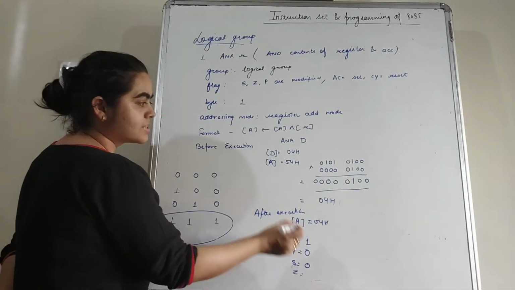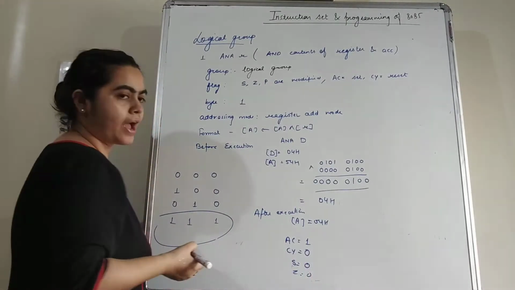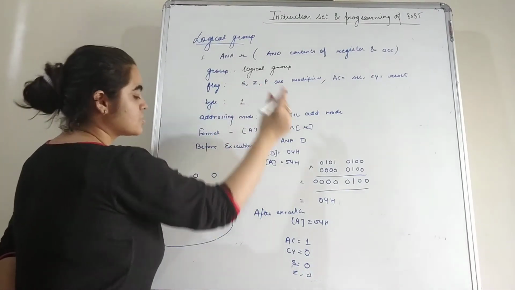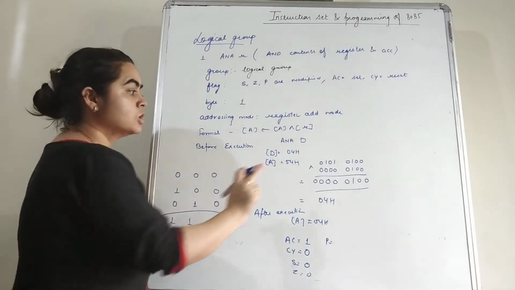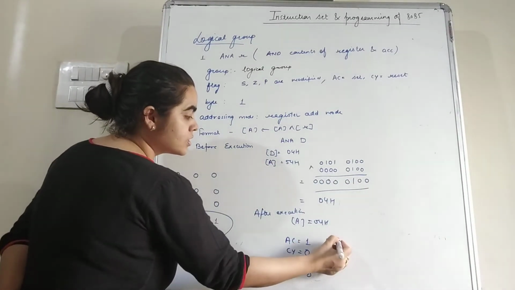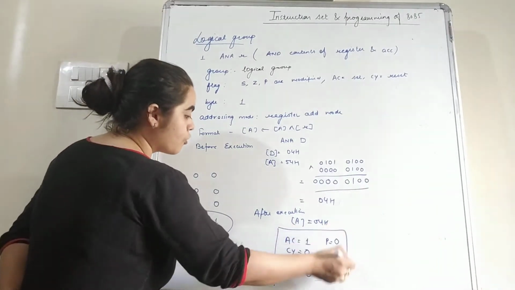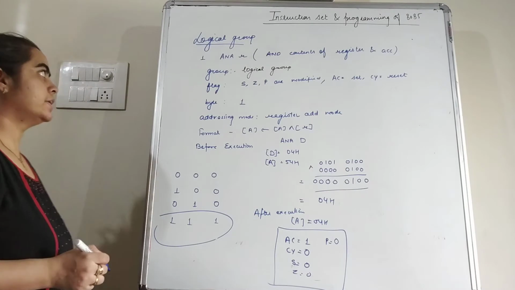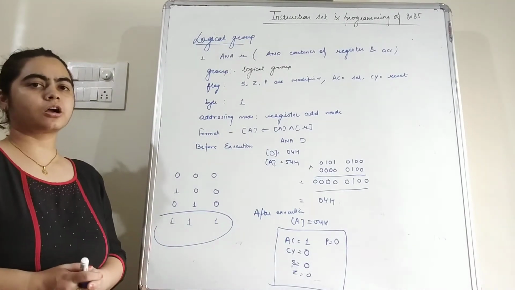The answer is non-zero, that is 04, so the zero flag is set to 0. Last one is the parity flag. In the result we have only one 1, so that means there is an odd number of 1s, so we reset the parity flag. So this is how we can perform AND with the contents of the register and the accumulator.